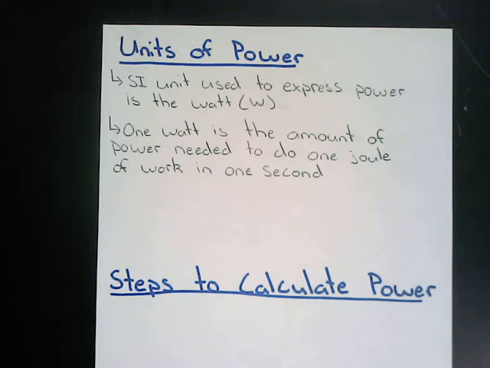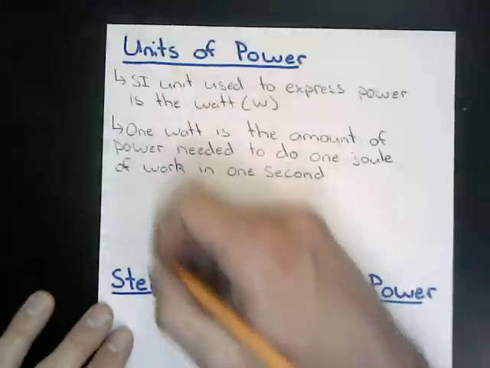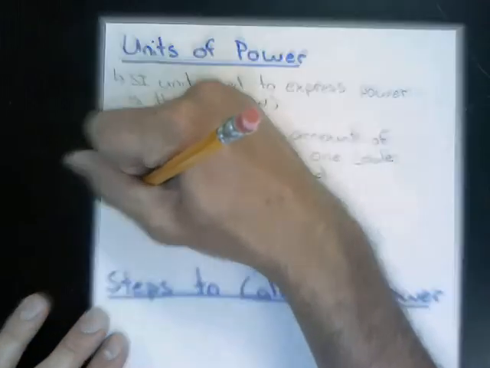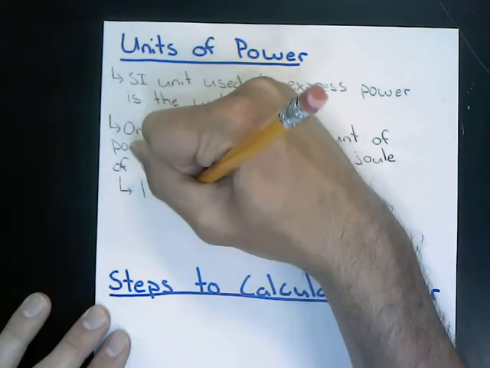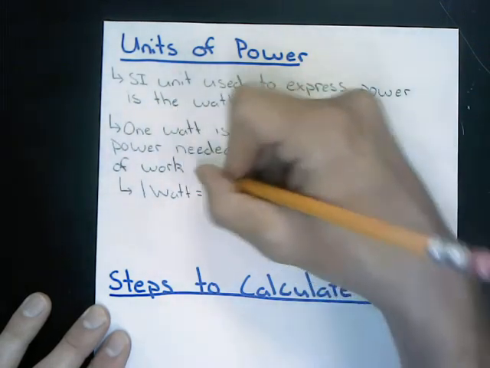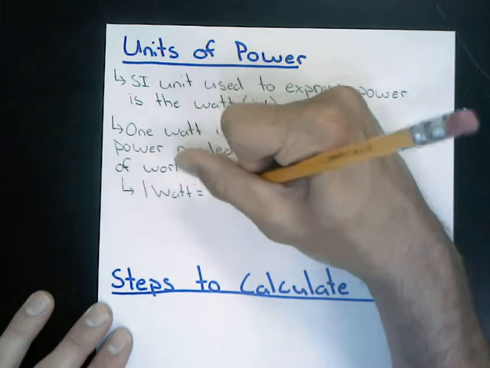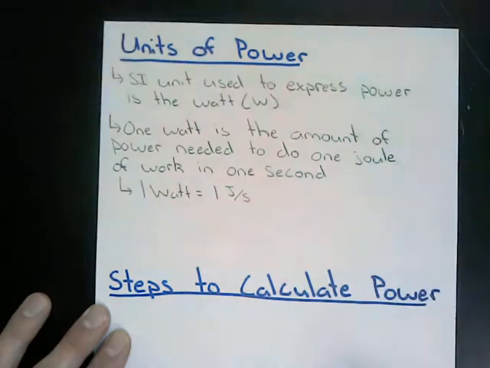And that's really nice that it's in these word forms here, but let's put it in some number forms. That makes a lot more sense in my head. So 1 watt, one big W there, 1 watt is equal to 1 joule per second.